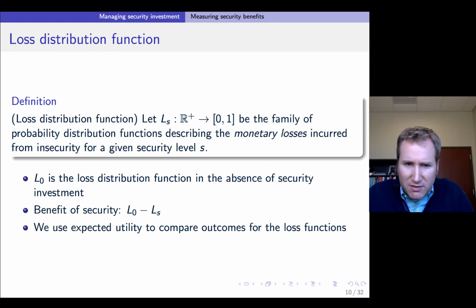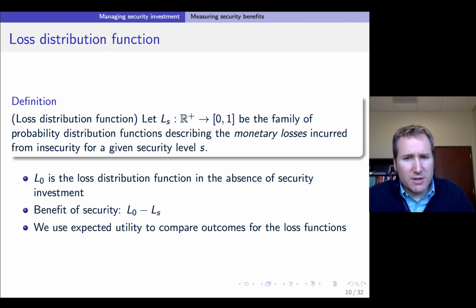Because of that, the loss at a security level should be lower than the loss under no security, which is why the definition of benefit here is L0 minus LS and not the other way around.